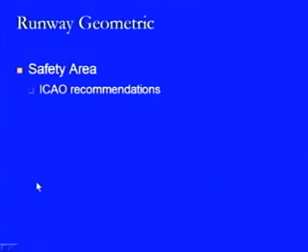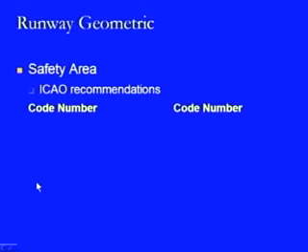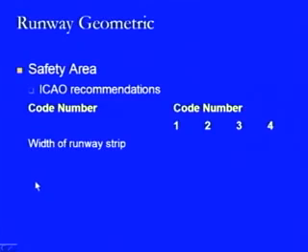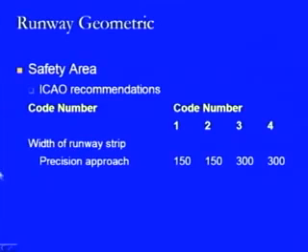There are certain recommendations which have been given by ICAO, and these recommendations are again in terms of the various code numbers being designated. Here we are talking about the width of the runway strip with respect to the precision approach.